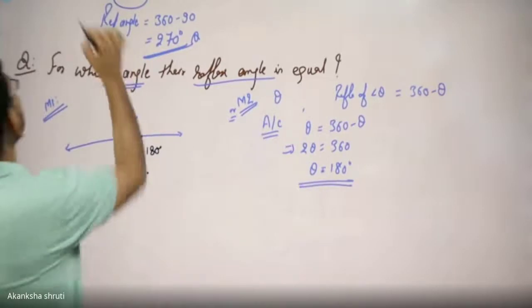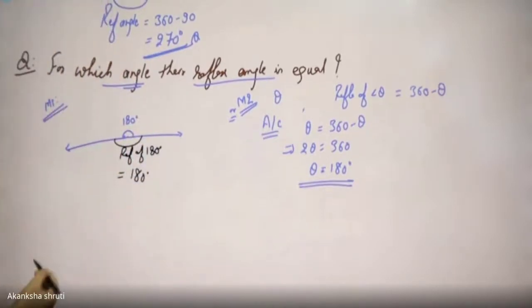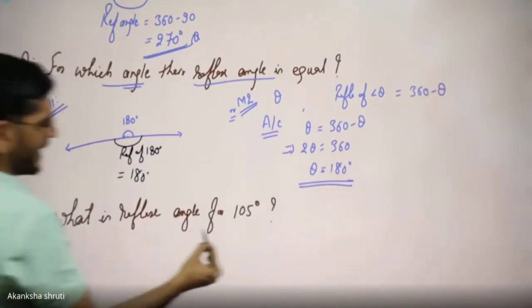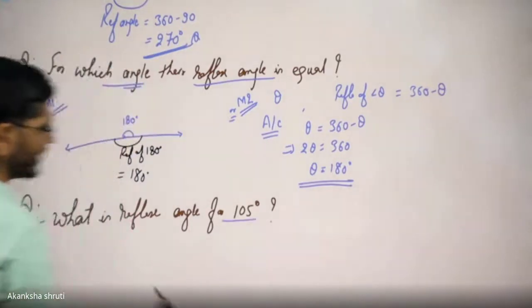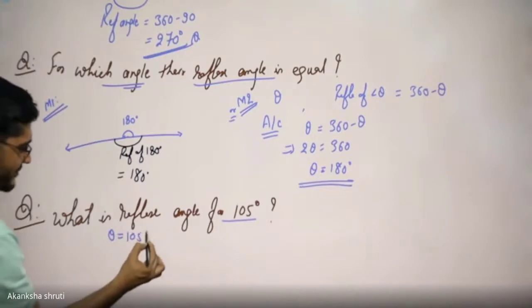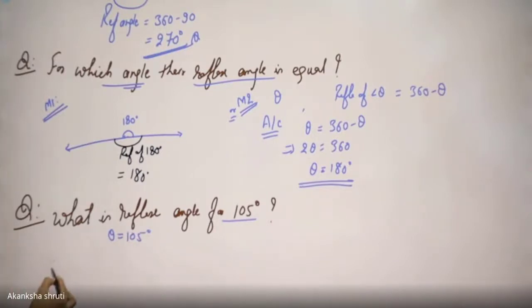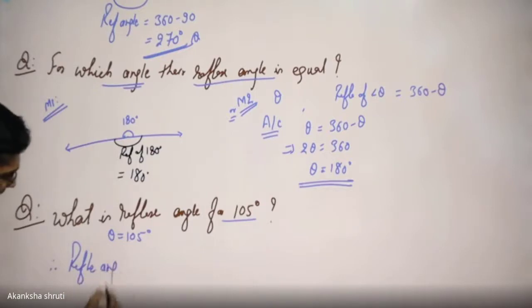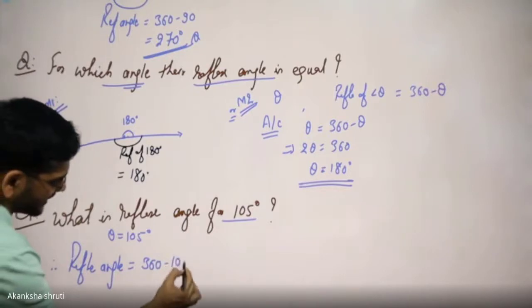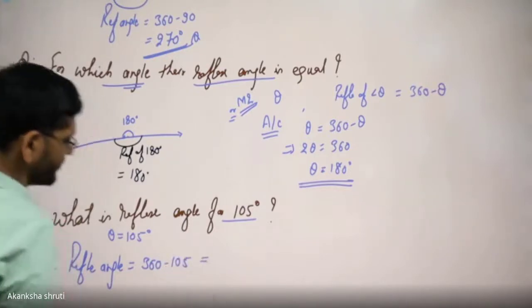Students, another simple question is asked: what is the reflex angle for 105 degrees? It means theta is our 105 degrees. Therefore, its reflex angle is obtained by 360 minus 105.